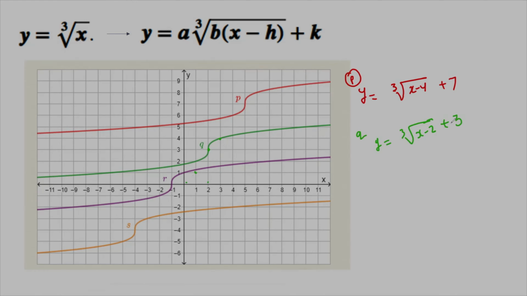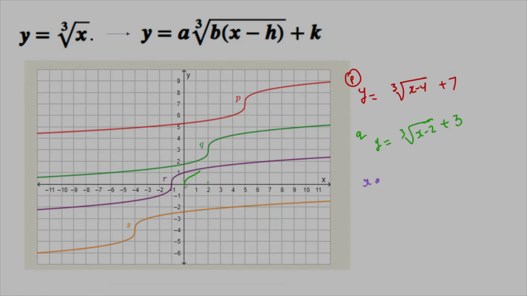Again, in the parent function there is a point 1 comma 1. If you move it 2 units right and 3 up, you'll get 3 comma 4. So clearly you can see this is 3 comma 4. So there is no stretching or shrinking. It's only pure translation. Okay, next thing is R.